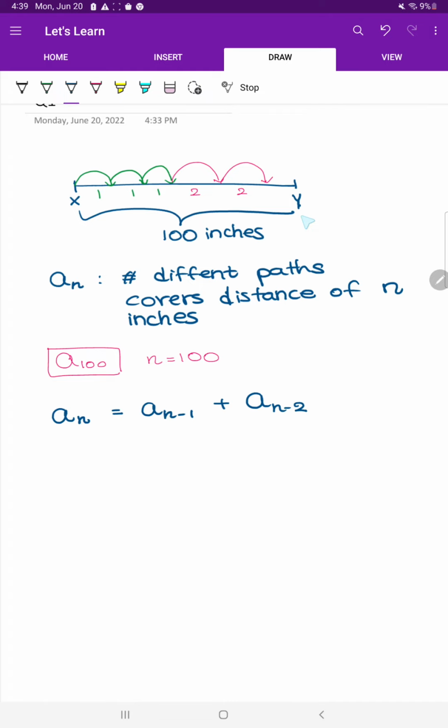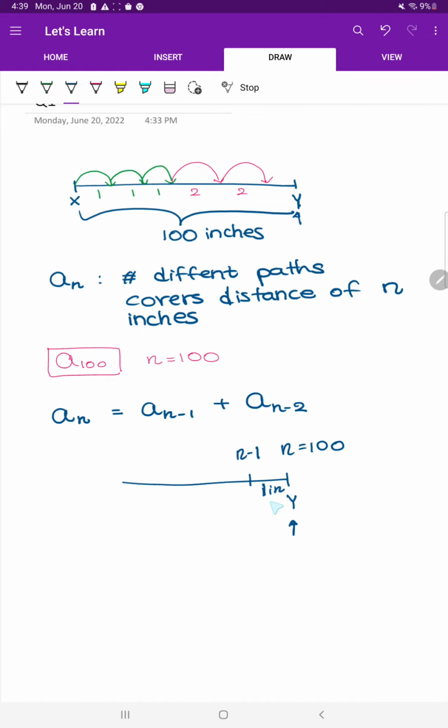It means we are at Y, and we consider all possible options if we look back just one step, for example 1 inch distance. So here n equals 100, and this step is n minus 1.